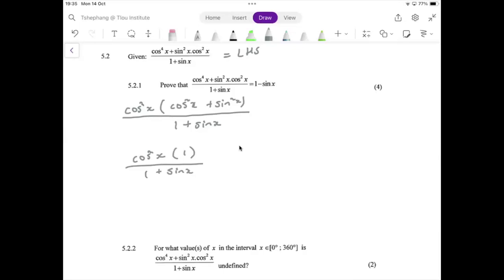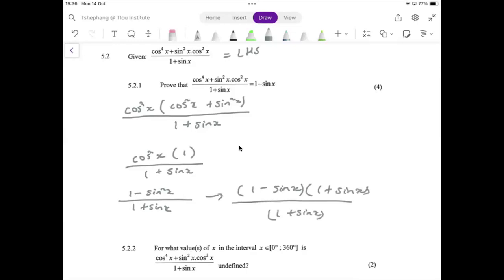And I did show you guys where it comes from. Now we know that cos squared x is the same as 1 minus sine squared x, over 1 plus sine x. Then 1 minus sine x times 1 plus sine x, over 1 plus sine x, because this is the difference of two squares.